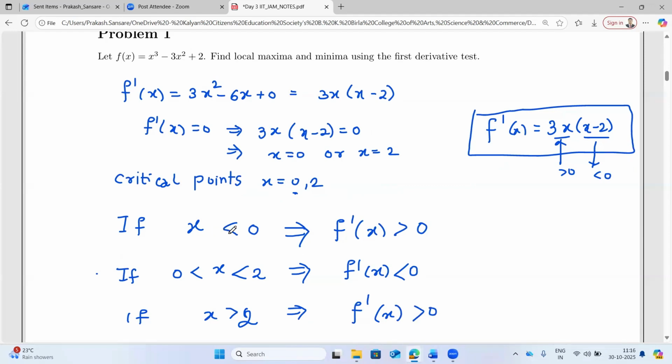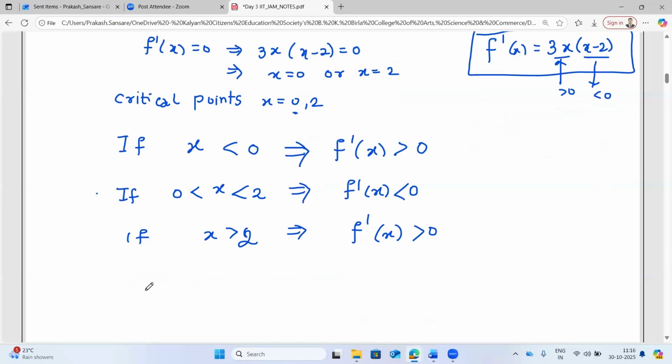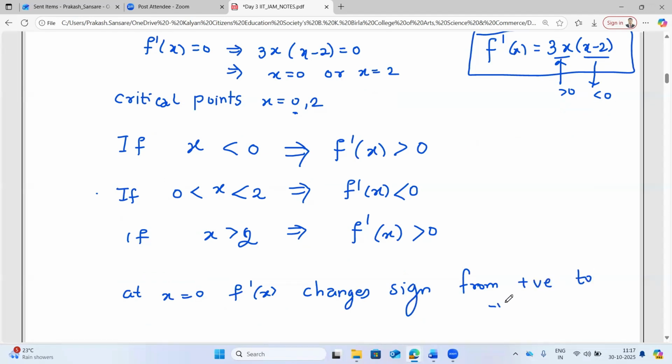Now you could see that when x is less than 0, the derivative is positive, and after 0, it is less than 0. So there is a change from positive to negative. So at x is equal to 0, f dash x changes sign from positive to negative.